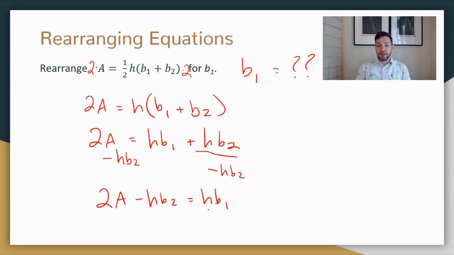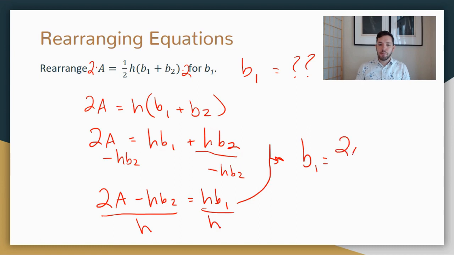Finally, we see that B1, which is our goal, is being multiplied by H. So we need to divide, the opposite. Divide both sides of this equation by H. And we end up getting that B1 is equal to (2A minus HB2) over H.